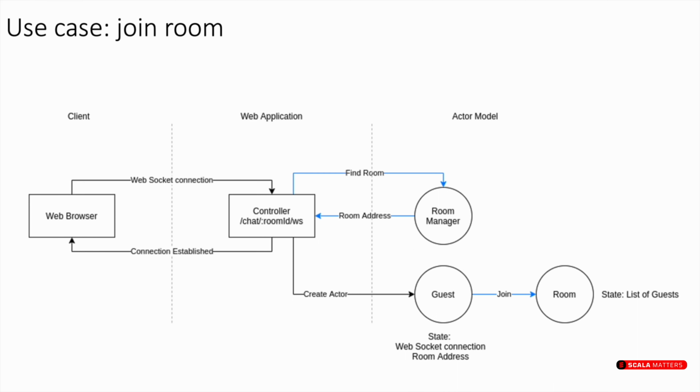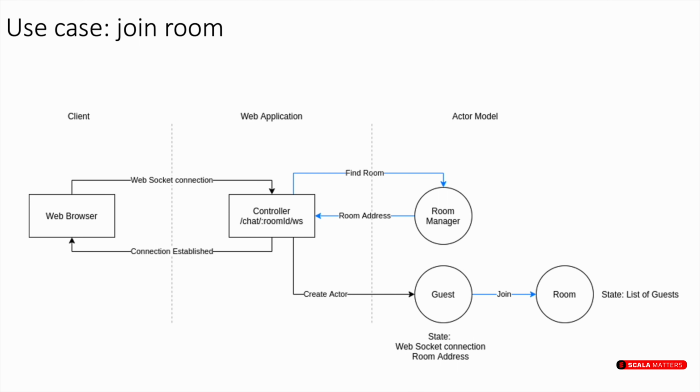Basically, this creates a WebSocket connection. The backend, with this request, communicates with the actor model using a defined room message, and the room manager responds with the room address message.